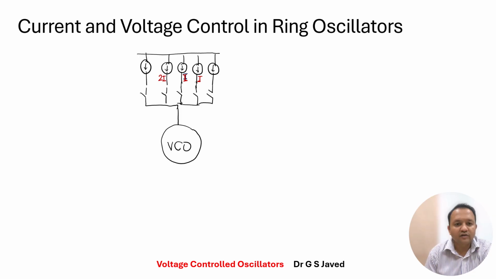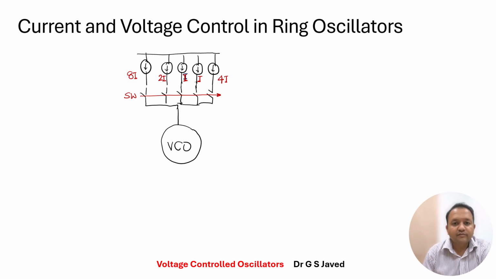Now if you turn on all four of these together, you get 4I, or just 2I plus 1I, you get 3I. In this case you would have 4I, and at the far end you would have 8I. So with proper selection of the switches, you can choose different current ranges.